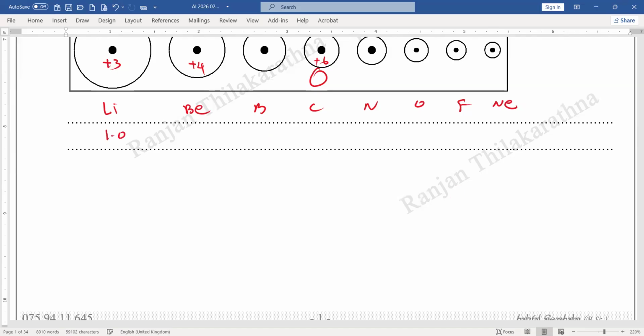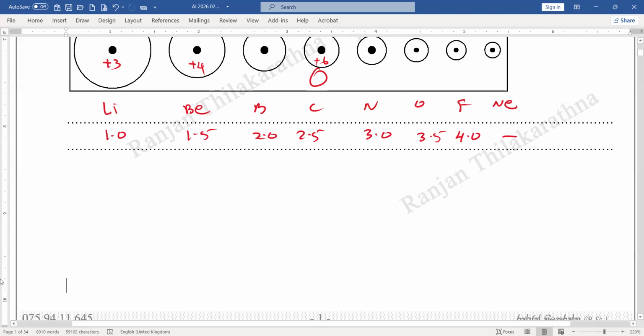This is 1.0, 1.5, 2.0, 2.5, 3.0, 3.5, 4.0, and electronegativity is not defined for neon. Why? It is easy to remember. Starting from lithium, it is 1, it is increasing 0.5 wise, 0.5, 0.5, 0.5, then up to fluorine.